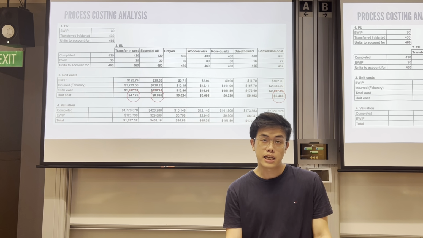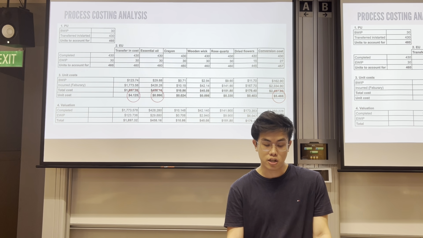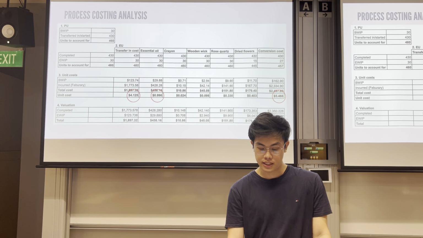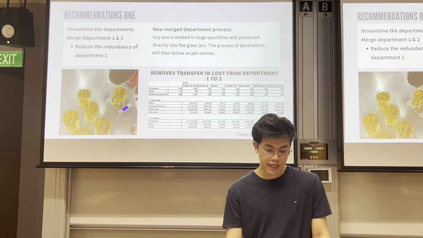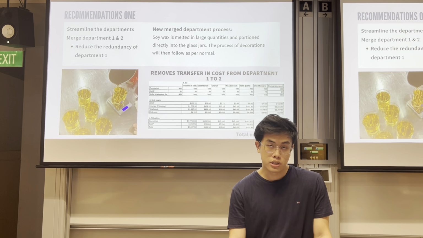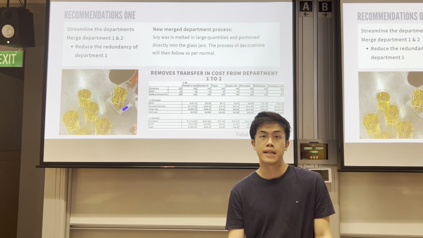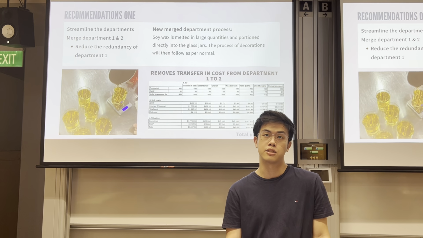So with that, there are 3 areas we want to highlight for recommendations. Firstly will be transfer in costing, secondly will be essential oils, and thirdly will be conversion costs. For our recommendation 1, we recommend Heavenscent to streamline the departments and merge Department 1 and 2. The aim is to reduce the redundancy of Department 1, as Department 1 mainly just measures 118 grams of unmelted soy wax into the glass.